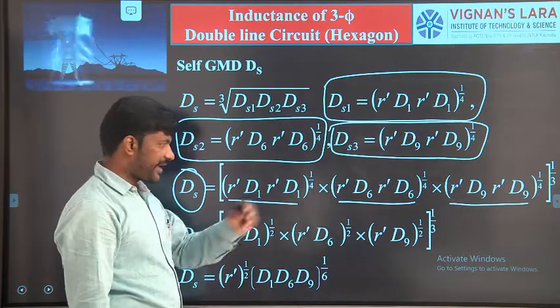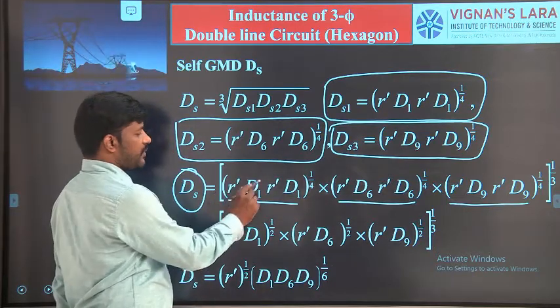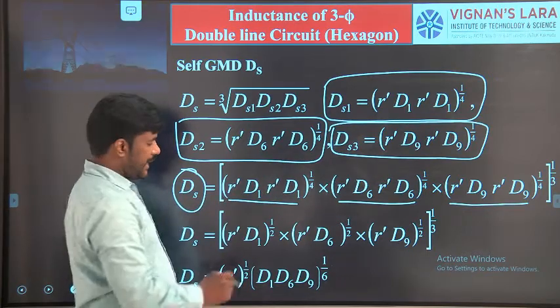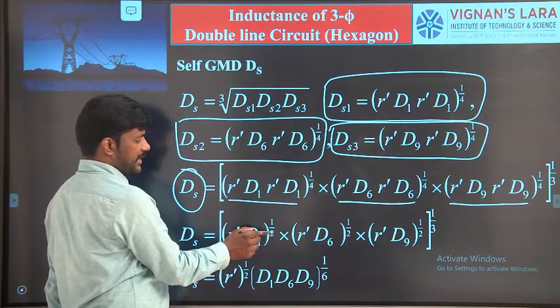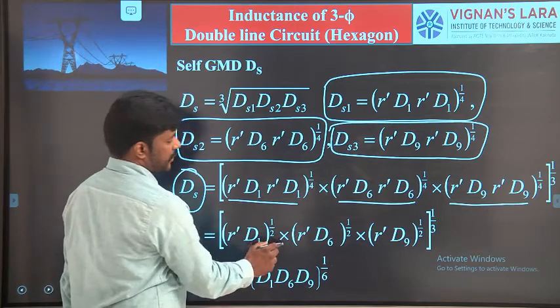Now go on simplifying this. R dash D1 whole square to the power 1 by 4 gets cancelled 2 times. Then I'll get square root terms.